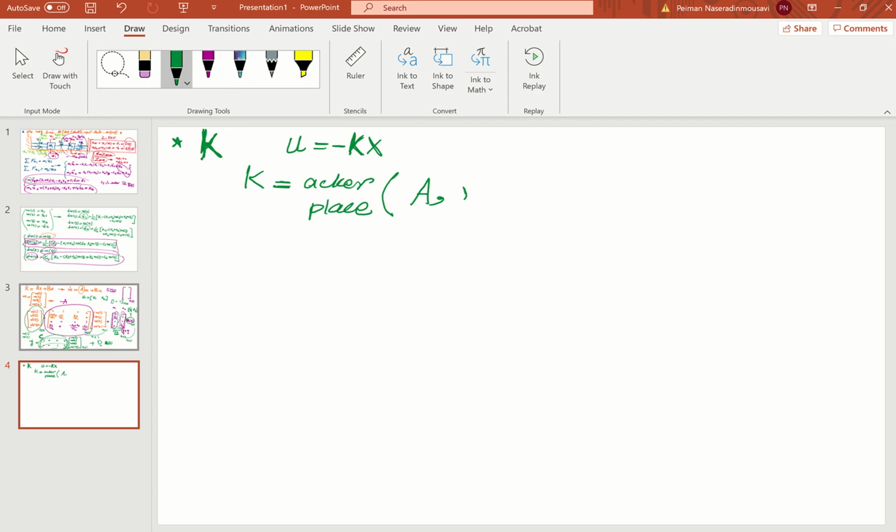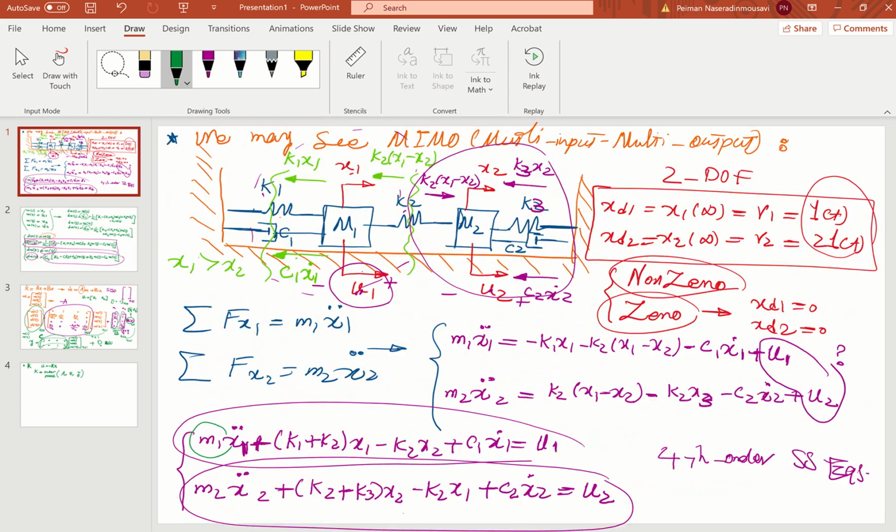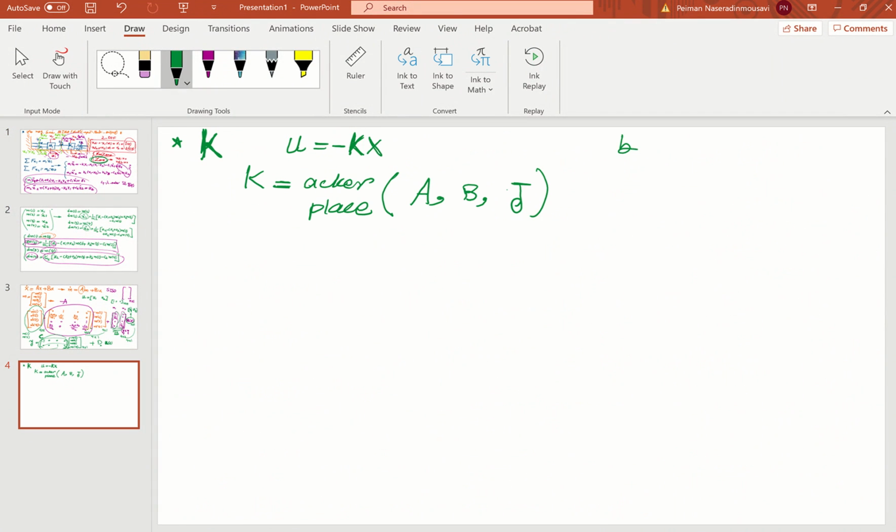You're going to say A matrix, B matrix, and J, the desirable poles. For example, for this system, your boss says design a controller for me so that both masses, when they are going back to 0 from some initial conditions, be critically damped. I'm starting with a very simple case, that both x1 desirable and x2 want to go back to origin.